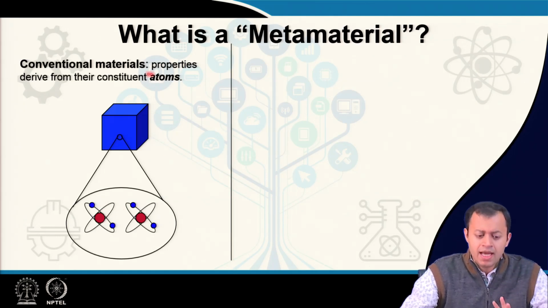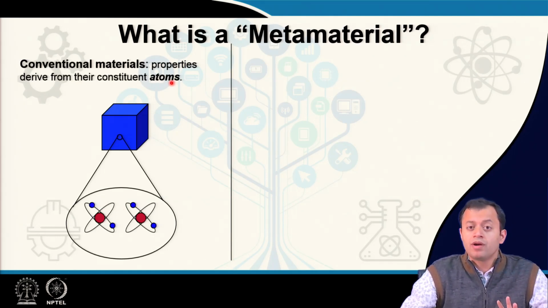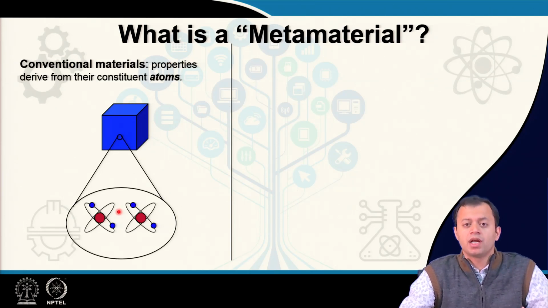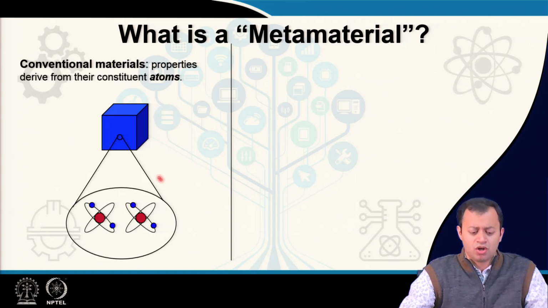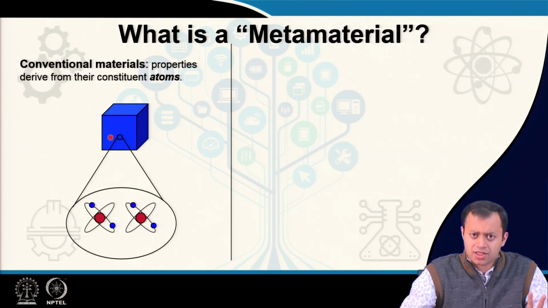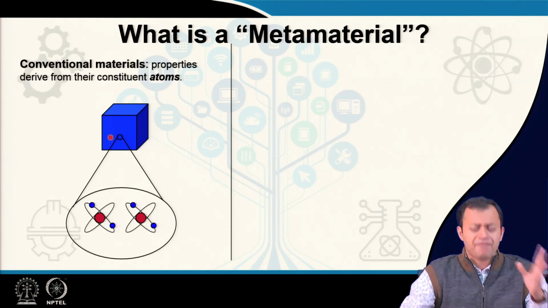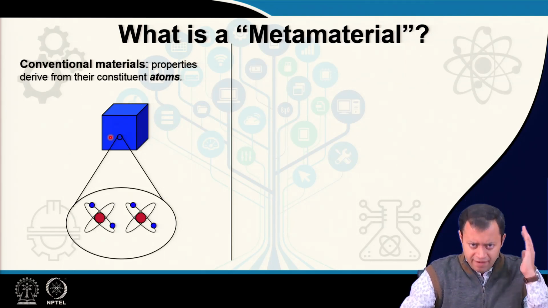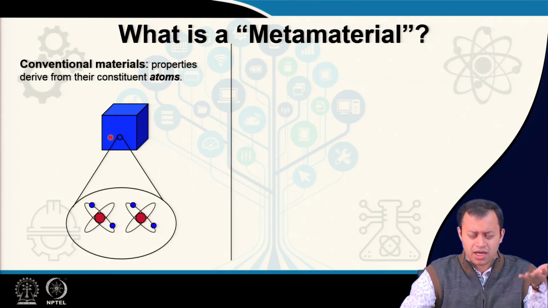So, basically the properties are derived from the constituent atoms. How much the atoms will generate, whether the interference pattern will be in phase, out of phase, 180-degree phase shift, completely destructive interference, constructive interference, partially constructive, and overall this generates the refractive index. You know this, I have discussed this at length in lecture number 3, 4, whatsoever.